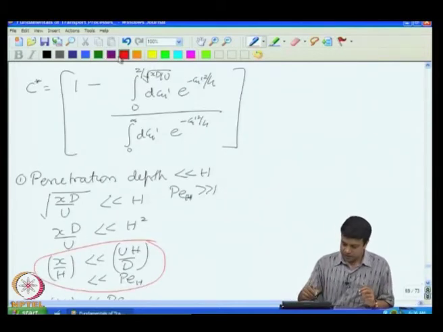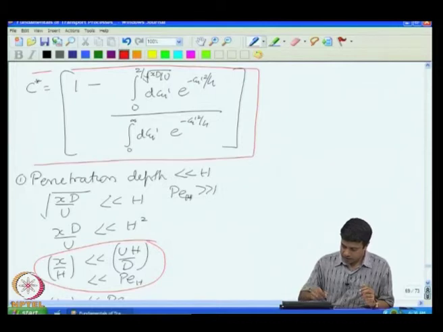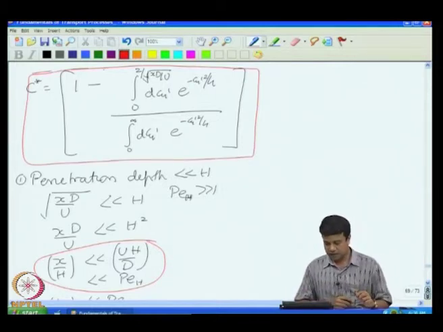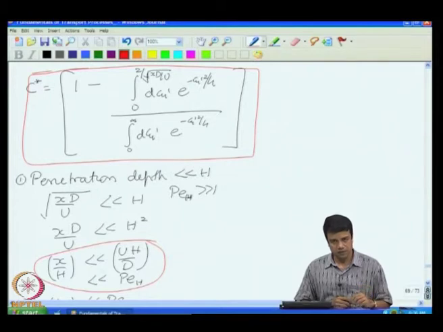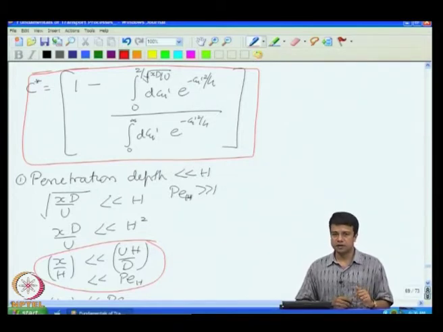So, this gave me the entire concentration field throughout the thin film evaluated on the basis of similarity arguments, and subject to certain assumptions. The penetration depth is small compared to the film thickness, the velocity is approximately a constant, and diffusion in the x direction is neglected. And we found out the conditions under which those assumptions are valid.